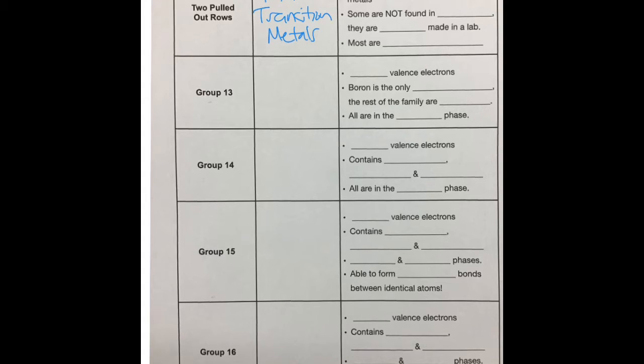Now, they are also often referred to as the rare earth metals, and that's because some of these inner transition metals are actually not found in nature. And the only way that we have data or know something about these particular elements is because they have been made by man in the laboratory.